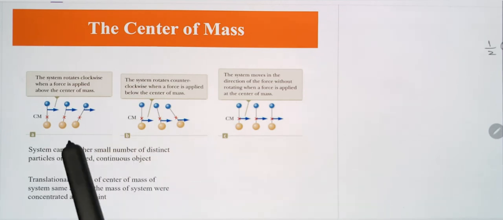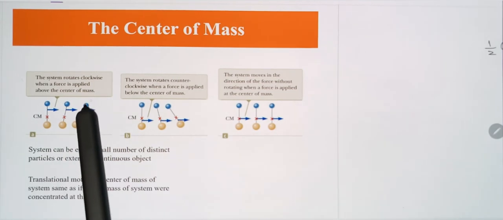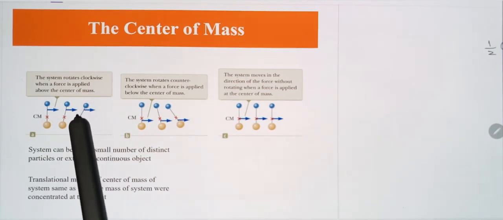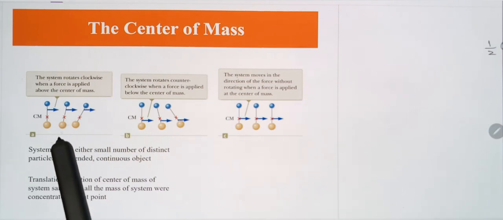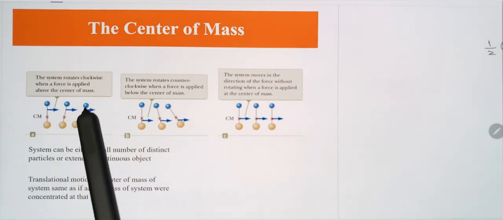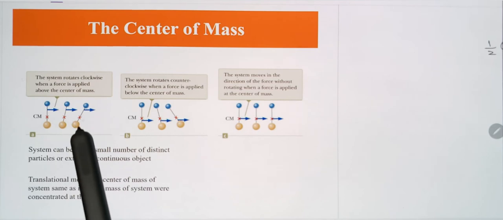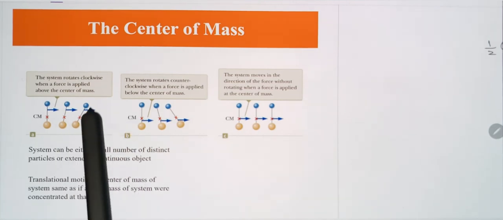So here in our example, we will have two objects connected by a massless rod, so we ignore the mass of the rod, and the masses are different.